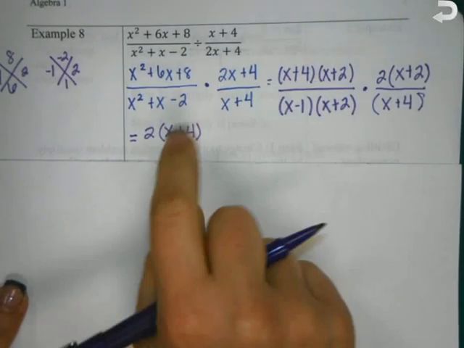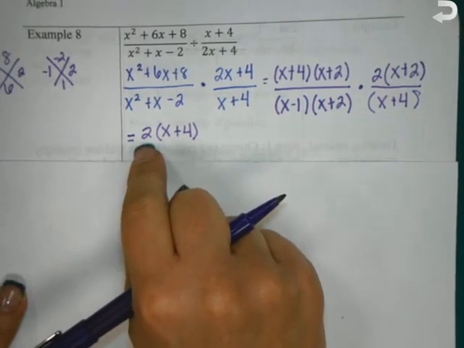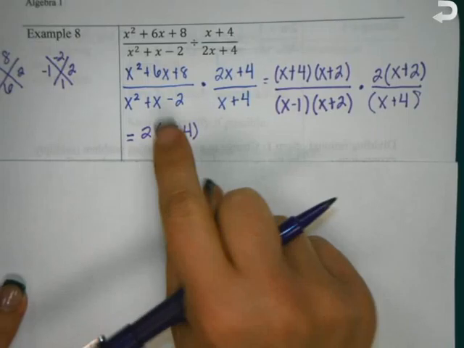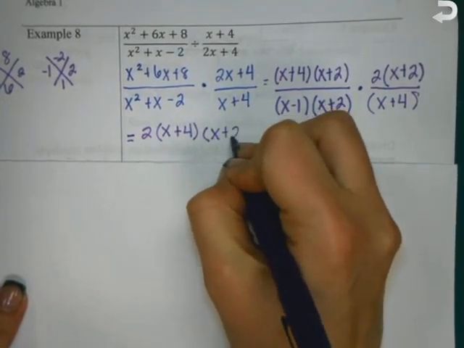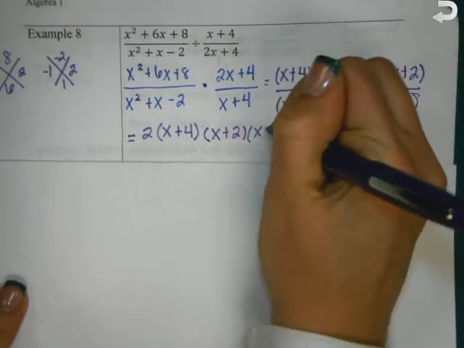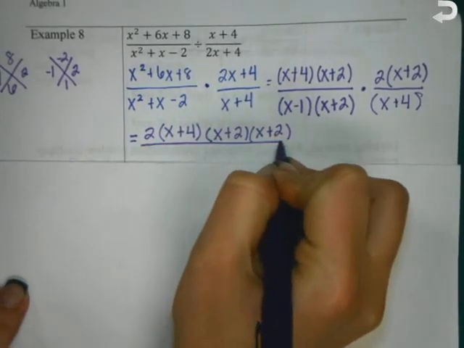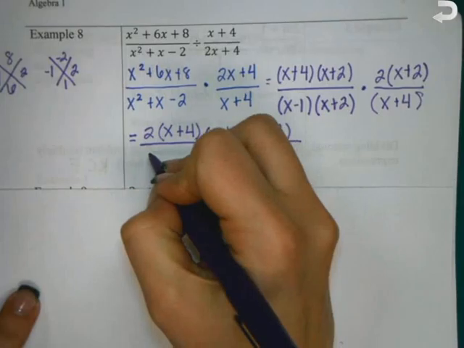So 2 times x plus 4 times x plus 2 times another x plus 2, right? All over x minus 1, x plus 2, and x plus 4.